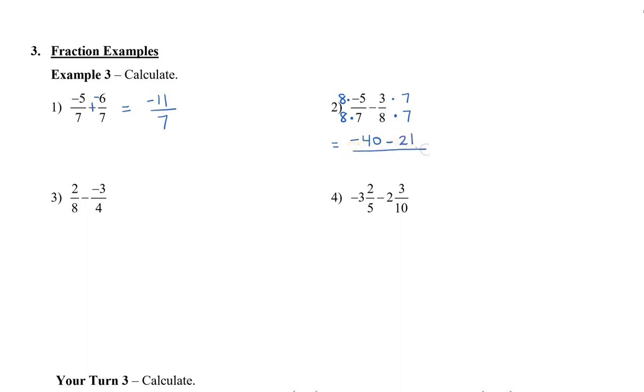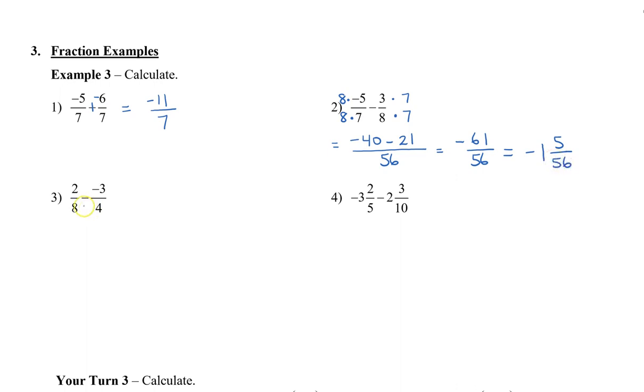And since the denominators are the same, I'm going to place it all over 56. So negative 40 minus 21, or negative 40 plus negative 21, is negative 61 over 56. And if you would like to change it to a mixed number, we get negative 1, and then we have 5 over 56.